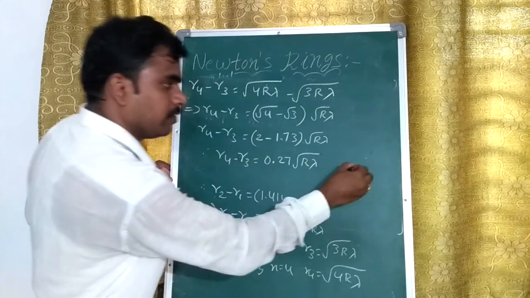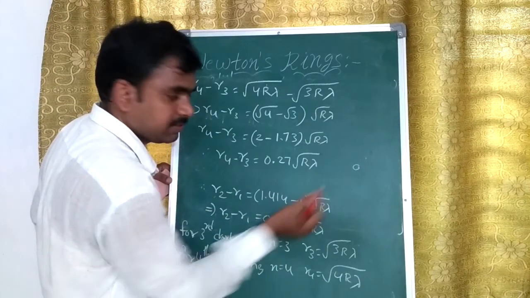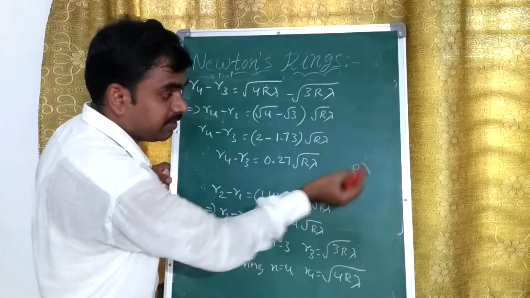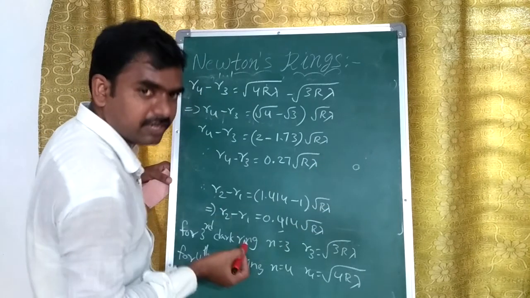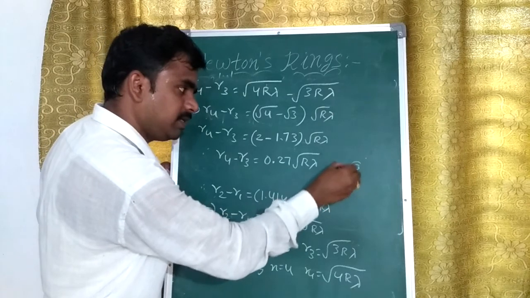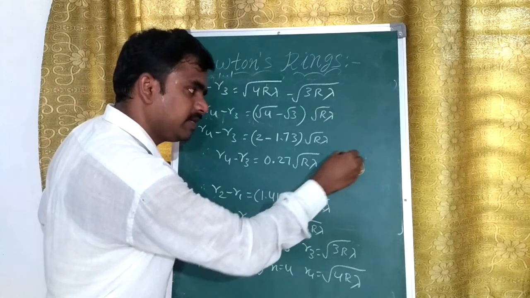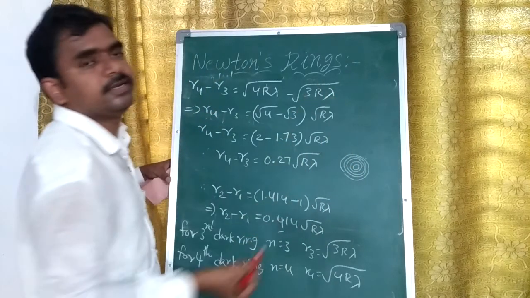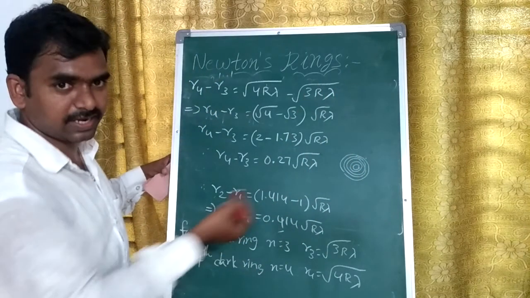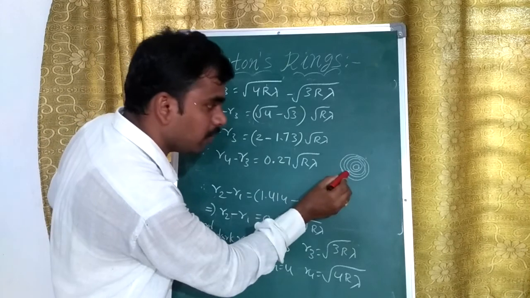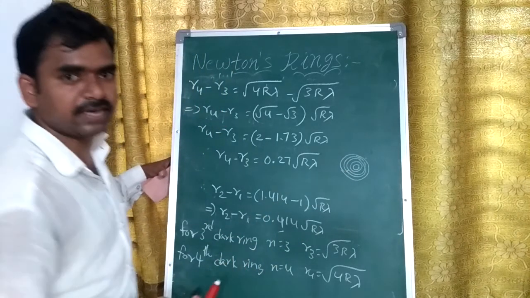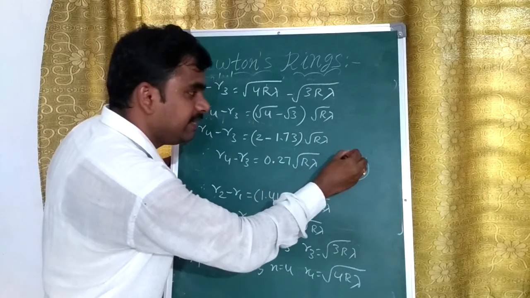At the center, the thickness of the air film is 0, which is why in the reflected system we observe a dark spot. From that, we observe beautiful concentric rings. These rings were demonstrated by Newton, which is why they are called Newton's rings. The separation between these rings, whether dark or bright, is decreasing.